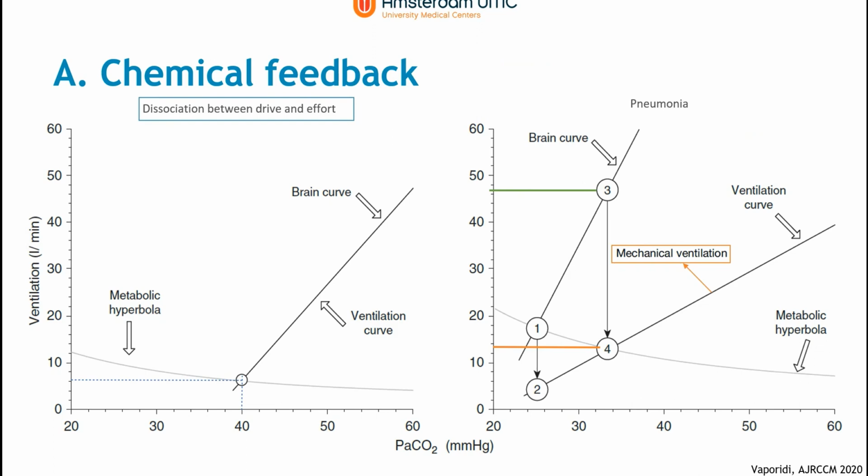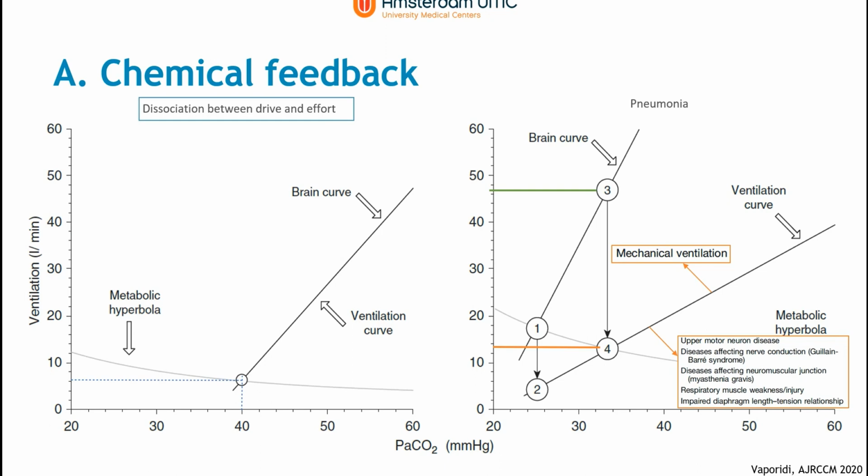And changes in the position of the ventilation curve, an upward shift, can only occur with mechanical ventilation. So for the same effort, there's a higher minute ventilation. And a downward shift of this ventilation curve can occur in any condition that results in respiratory muscle weakness.